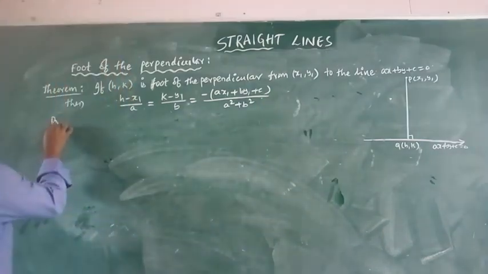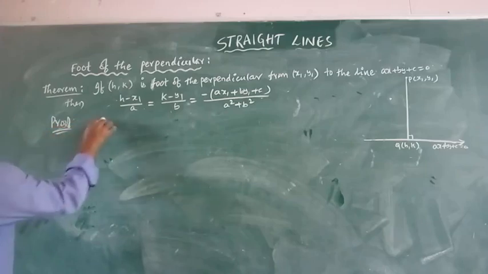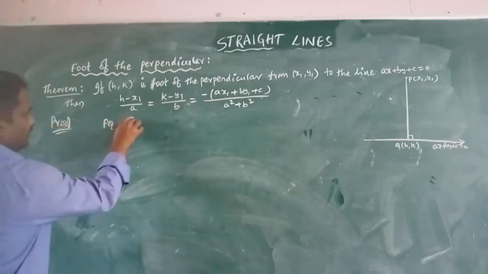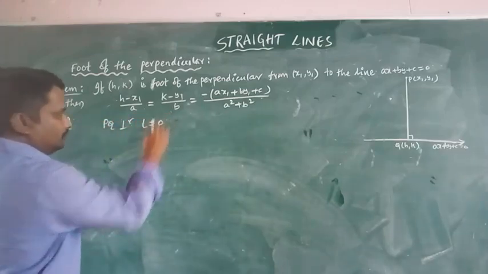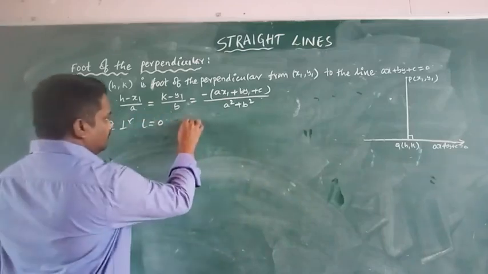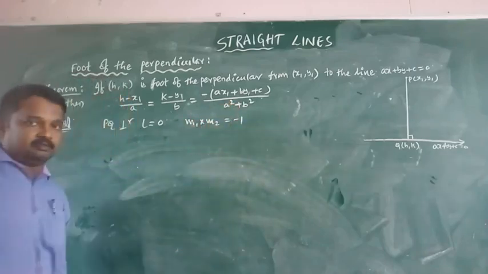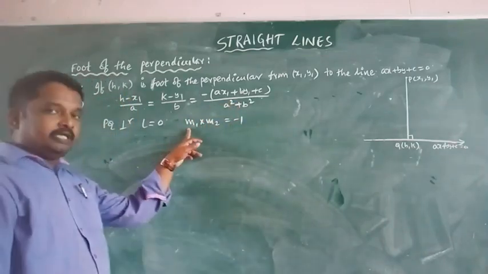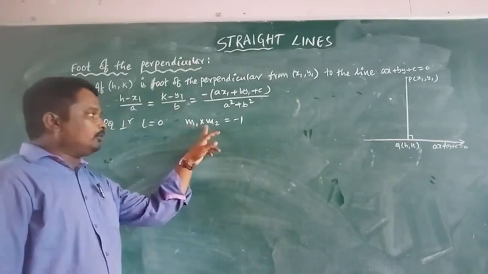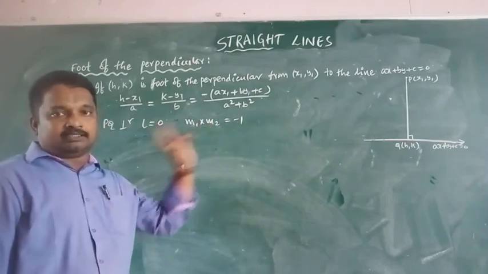Therefore, PQ is perpendicular to L, so we may write m1 times m2 = -1.